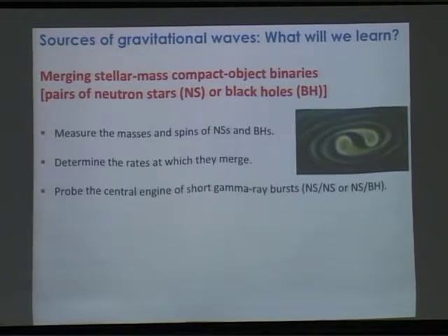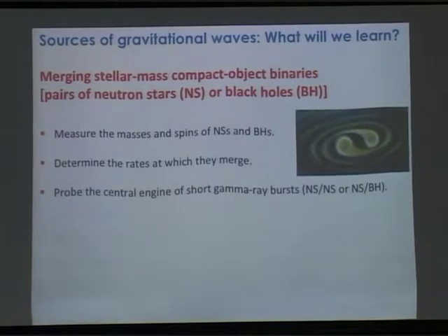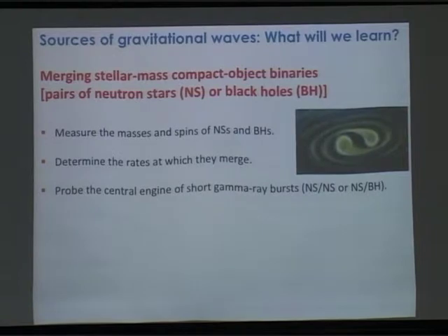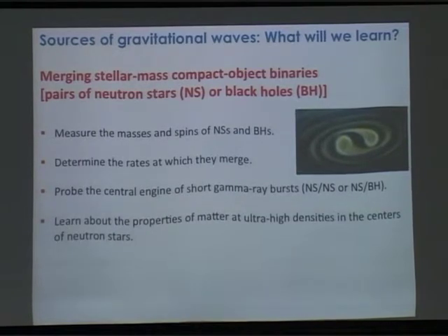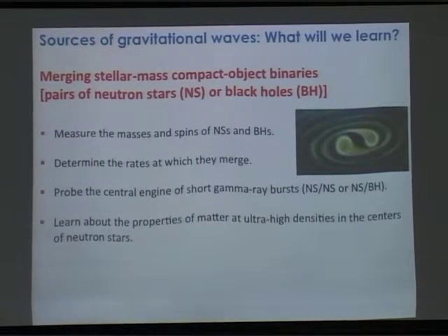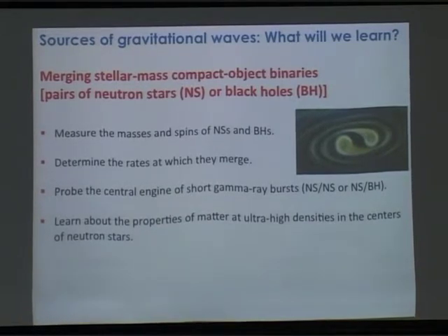If we can see a coincidence between, say, a neutron star merger and an electromagnetic gamma ray burst, that'll give us information about what the central engine in the gamma ray burst phenomena actually is, which is not currently completely understood. By probing the waveform produced by, say, binary neutron stars, we'll be able to infer properties of the interiors of neutron stars which aren't accessible in Earth-based experiments.